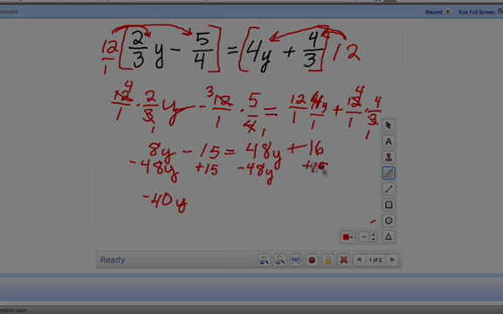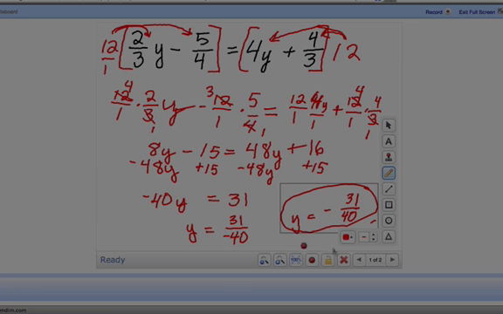I'll combine those steps together, and you get 15 plus 16 is 31. Now you can just divide both sides by a negative 40. You get 31 over a negative 40, which is the same thing as negative 31 over 40. And that's your answer.